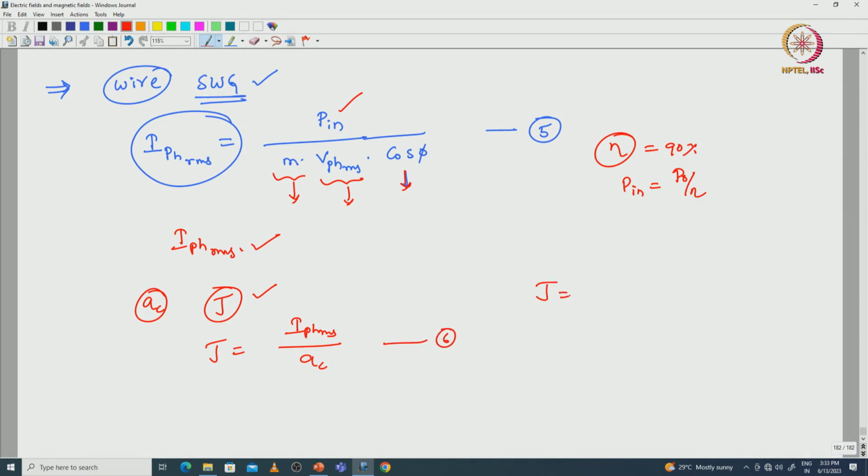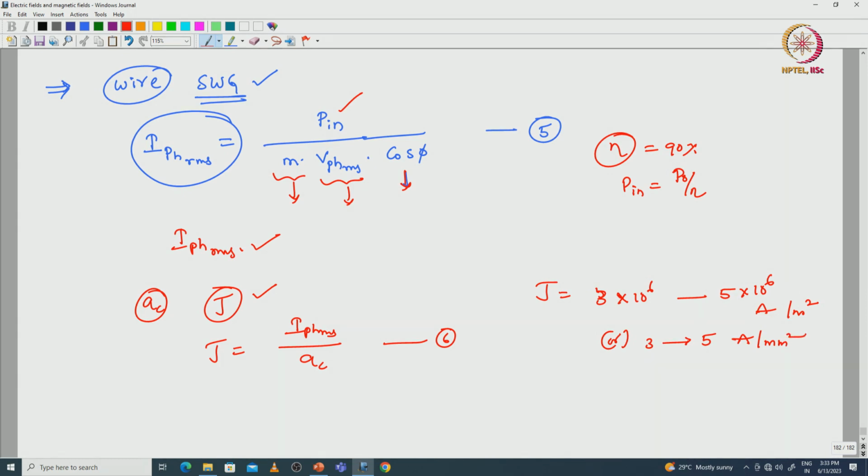Here current density for copper we can select 3 to 5 into 10 power 6 ampere per meter square, or we can say 3 to 5 ampere per mm square.